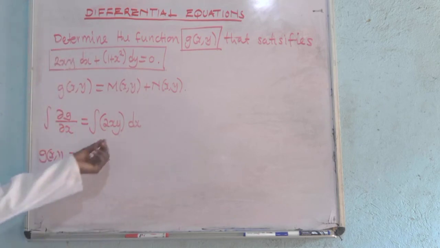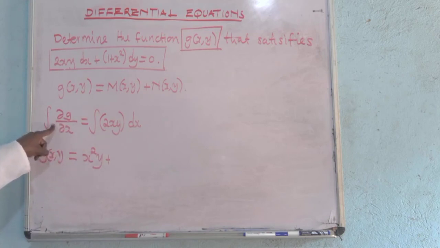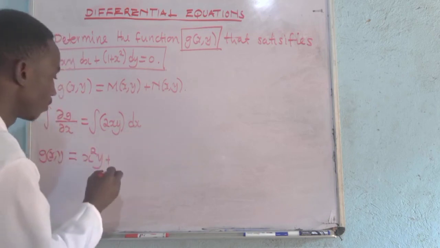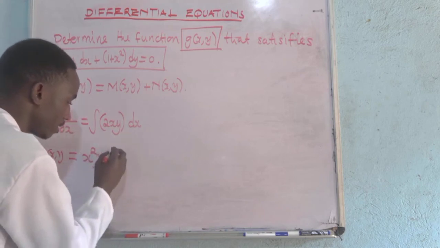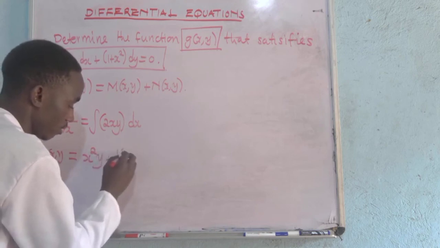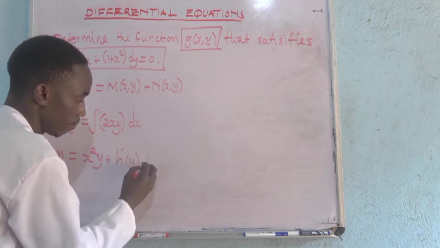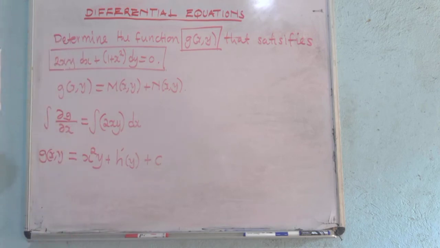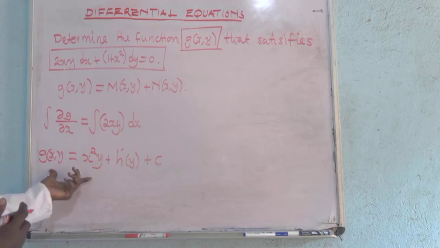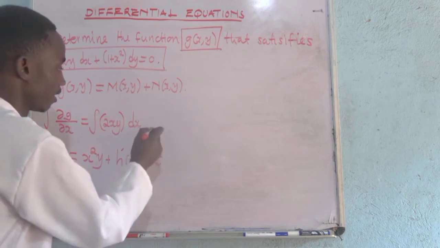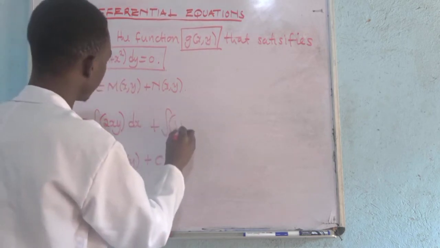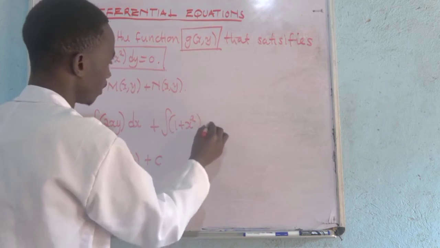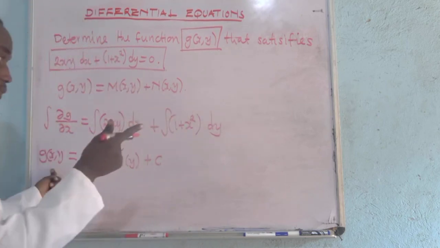Now, since this was just partially integrated, there is still another part in y that we can just call h of y, then plus a constant of integration. So then you need also to add this part, which is 1 plus x squared, with respect to y.